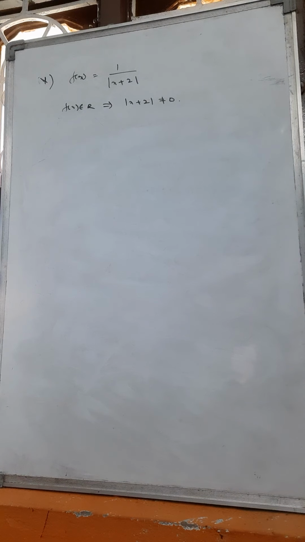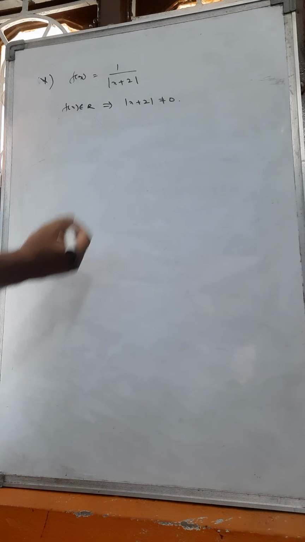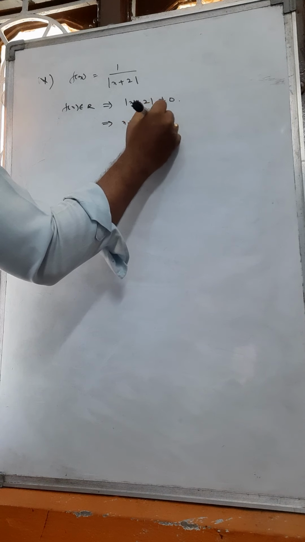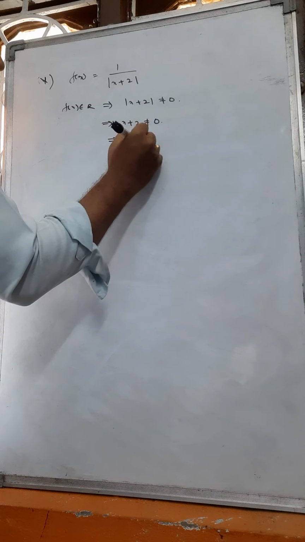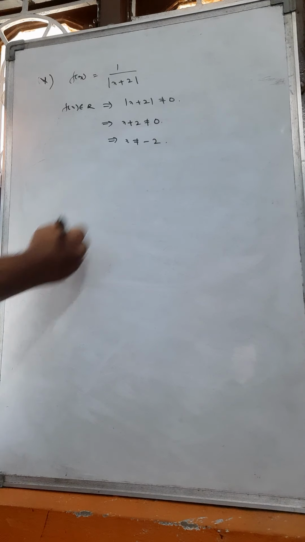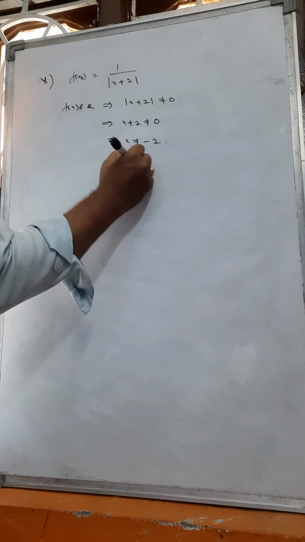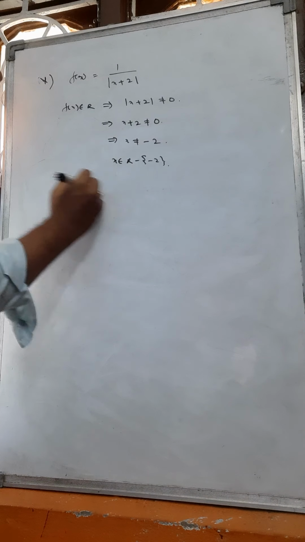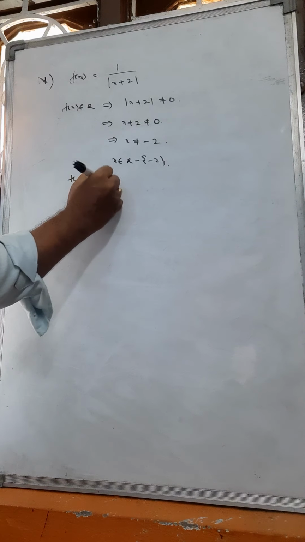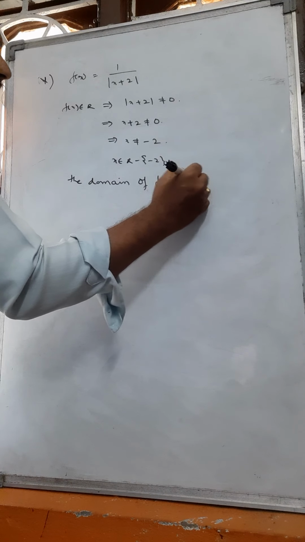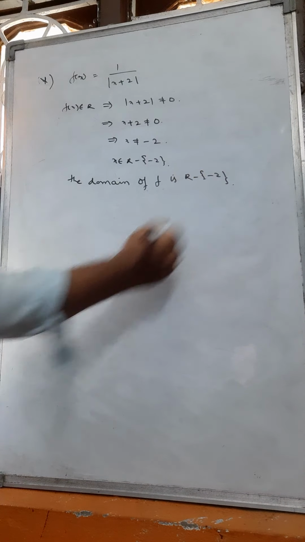The modulus function equals 0 when x = 0, so x + 2 is not equal to 0. From this, x is not equal to -2, so all real numbers except -2. So x belongs to R minus {-2}. The domain of f is R minus {-2}.